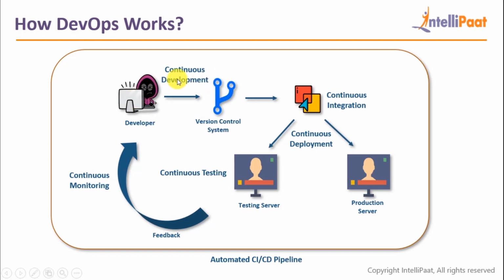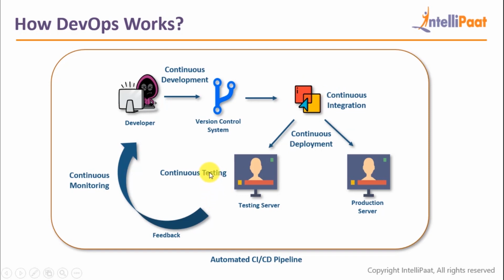Okay, so the moment you push your code to a version control system, or you change your code in the version control system, the continuous integration tool automatically identifies, okay, so there's a change in the version control system. So what it does is it takes this code and it builds it on the testing server. It first builds it and tests it on the testing server, and this is called continuous testing. Reason being, every developer who does this, continuous integration does the job similarly.